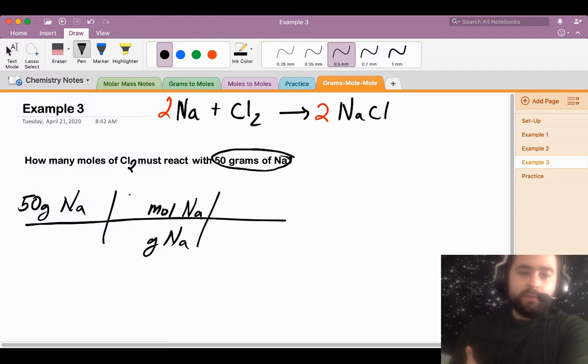So this step will always be the same compound or the same element depending on what you start with. So if this is Na, this has to be Na. If that will be Cl2, then that will be Cl2. So make sure they're always the same. Grams of this to moles of this. Now that the mole is at the top, I'm going to write the mole at the bottom. Last thing is what I want, and I want moles of Cl2.